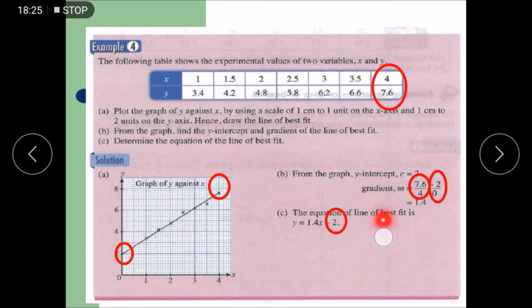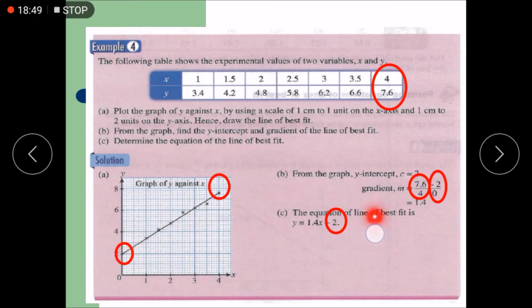And then for the equation, it's easier. This example is easy. After we find the gradient 1.4, we just substitute the x and y. The x and y here are just x and y, so it's even easier. Then the intercept is +2. So the equation is this one.